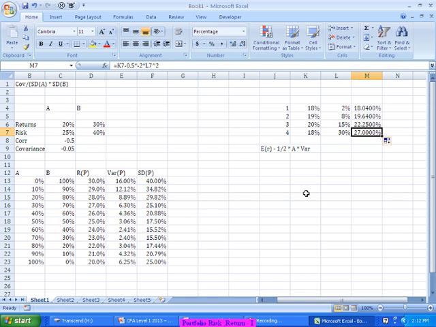From an exam standpoint, you may be given the utility values and asked whether he is a risk taker or risk averse. From the utility values you may have to calculate A, and depending on whether A is negative or positive, you say whether he is a risk averse or a risk taking investor.